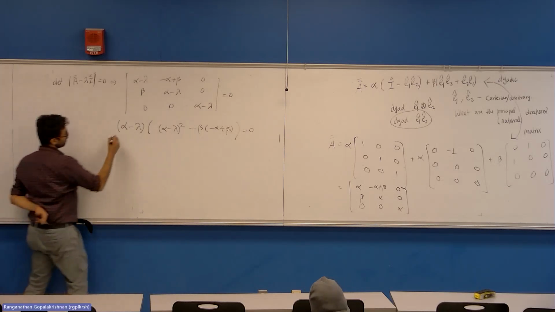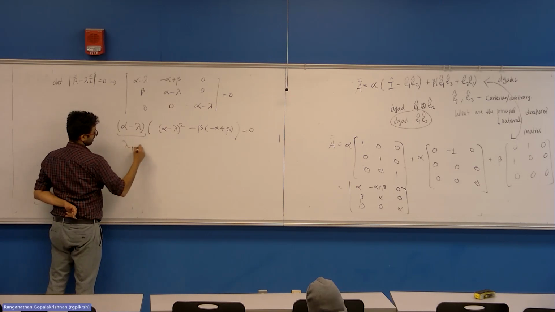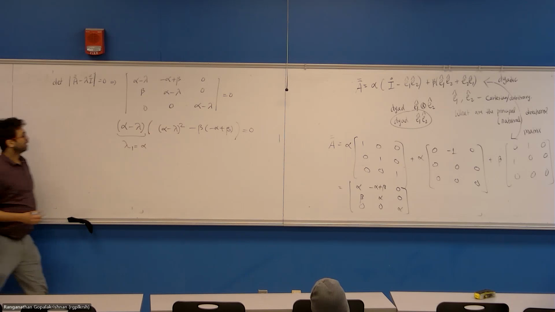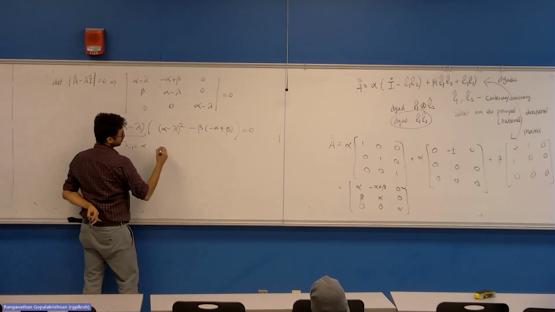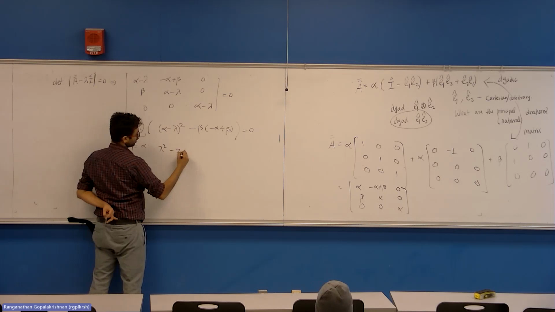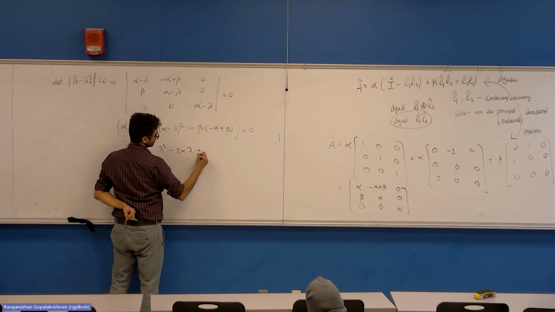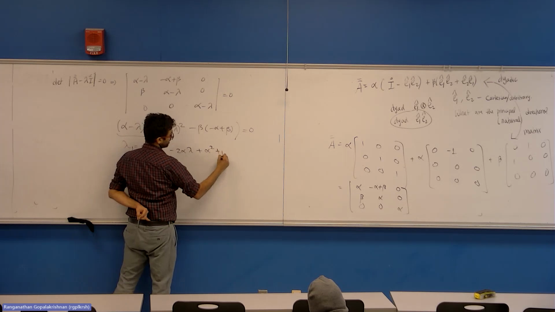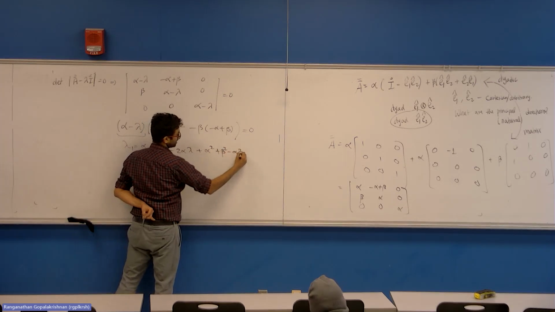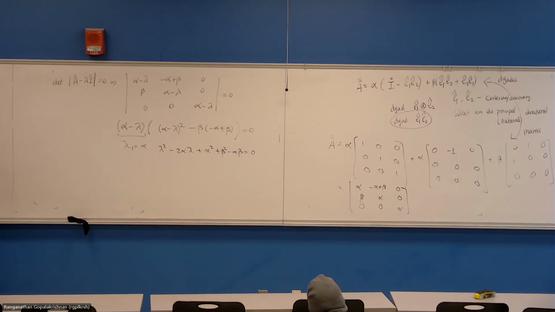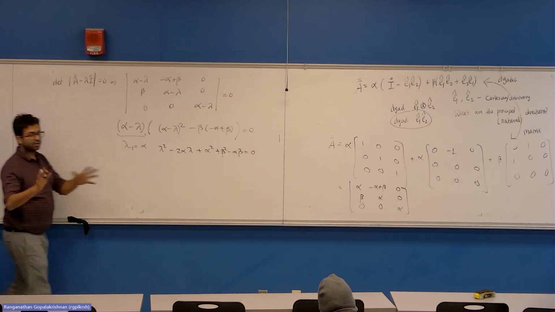So one of the eigenvalues is alpha. Straightforward. This is the quadratic equation, so it's like writing lambda squared minus 2 alpha lambda plus alpha squared plus beta squared minus alpha beta equal to 0. I'll let you deal with this.